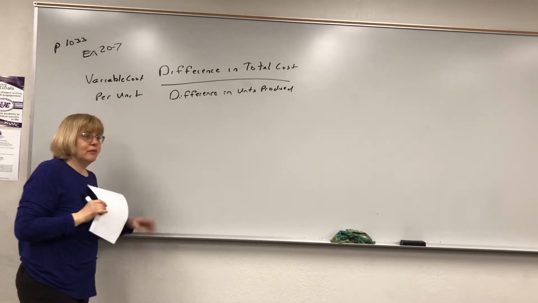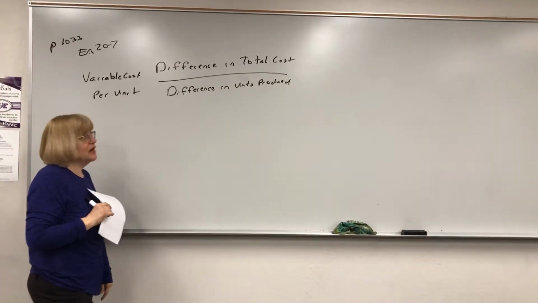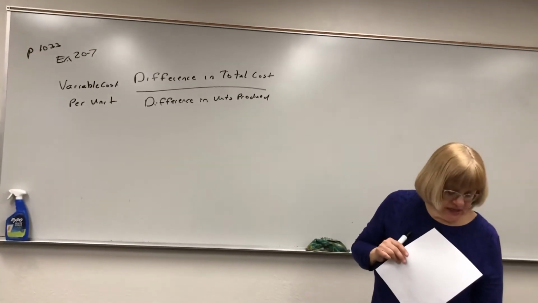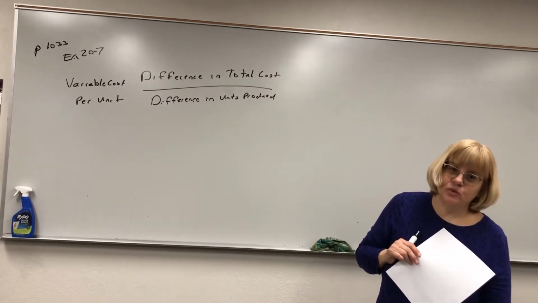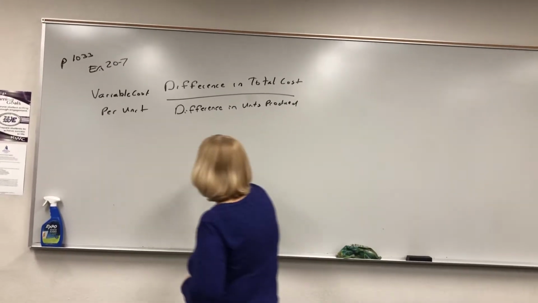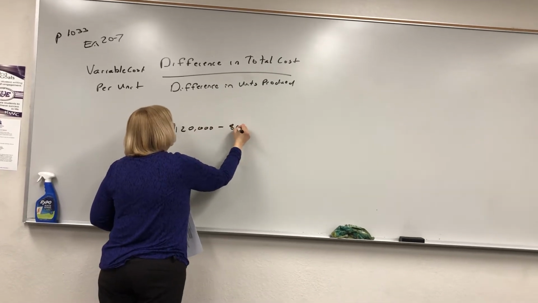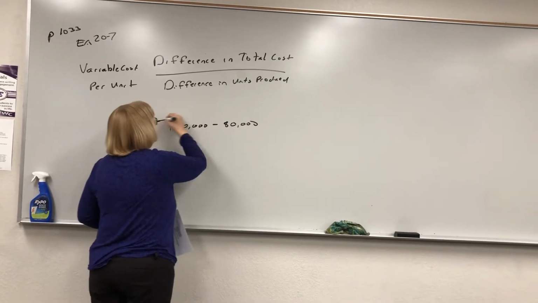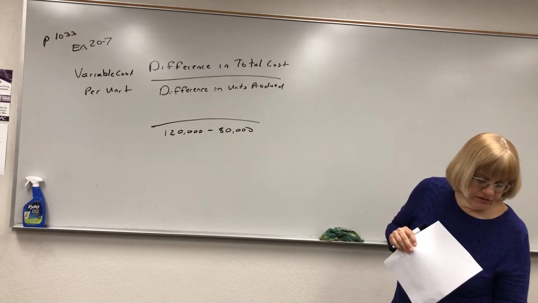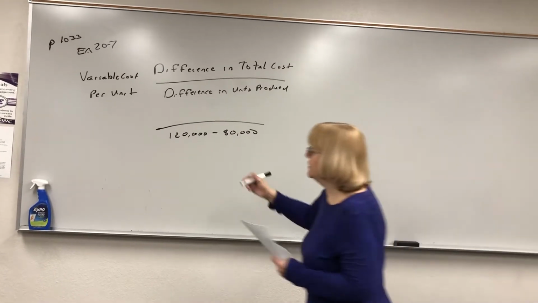So in this problem, and once again, we're only talking about 2 points. We're talking about the highest and the lowest. So if we look at our units produced, the highest one was 120,000, the lowest one 80,000. So that's going to be our denominator. And then our difference in total cost, the cost associated with the 120,000, 32,120,000.